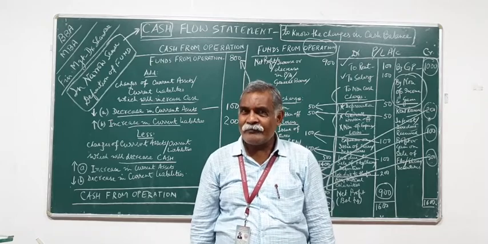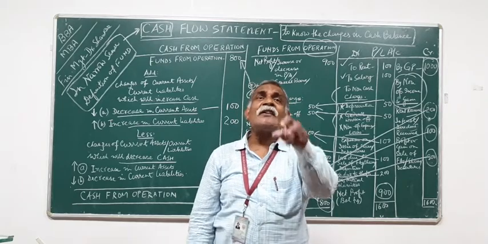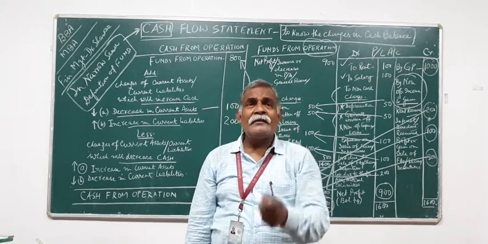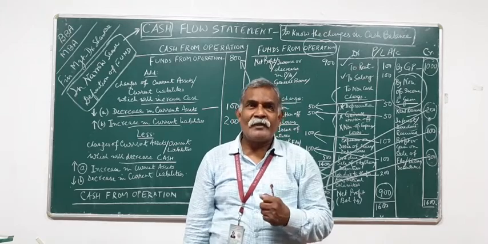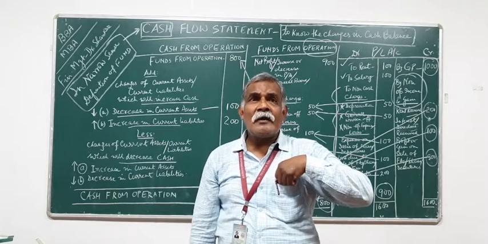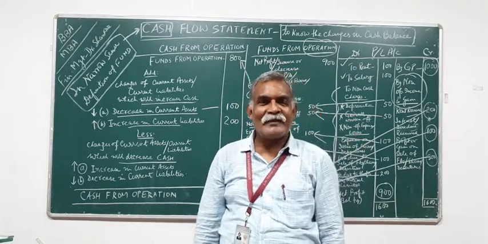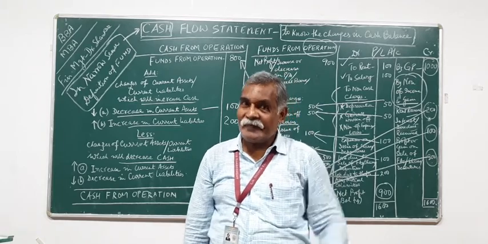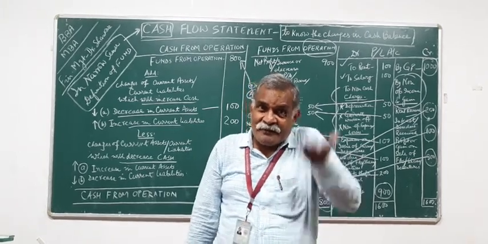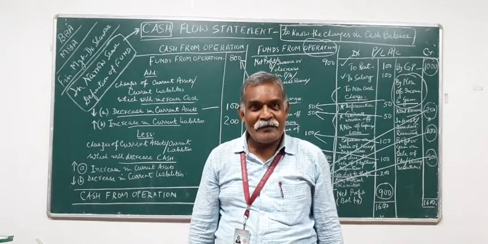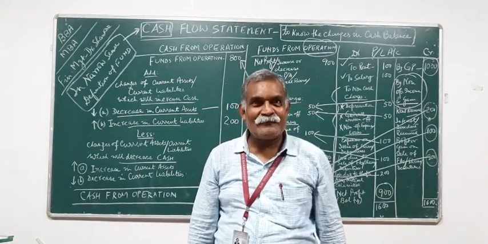We purchased 200 of Pepsodent or Sensodyne, but I did not pay cash at the time of purchase. Then the cash position of the pocket became heavier, that is, cash position has increased.